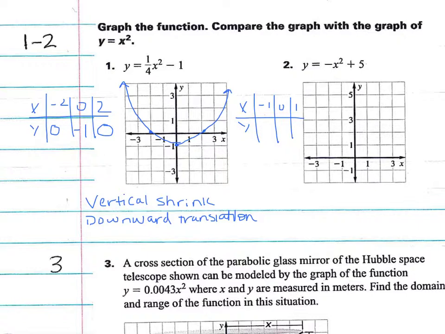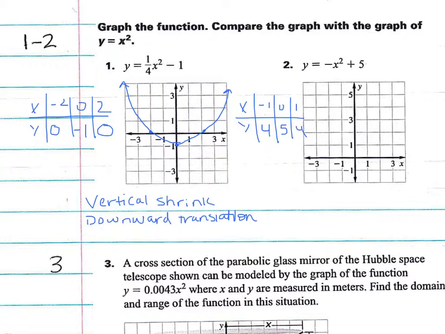Plus 5 is 4. 0 squared is 0. 0 has no negative. Plus 5 is 5. And 1 squared is 1. The negative in front of the x makes it -1. Plus 5 is 4.